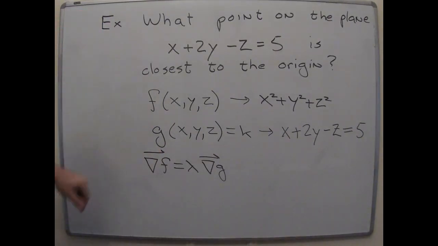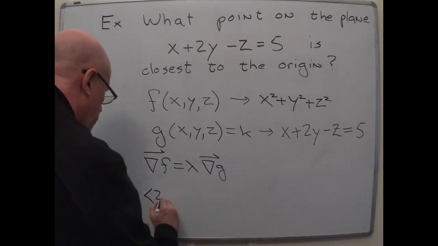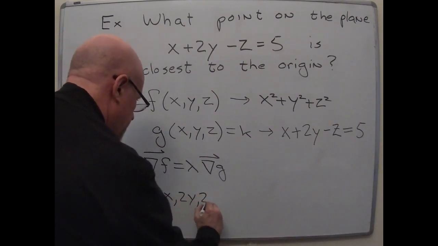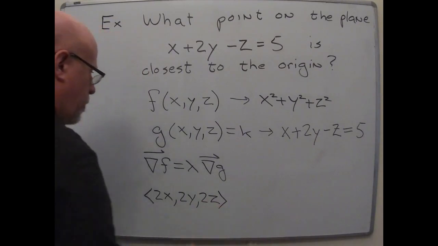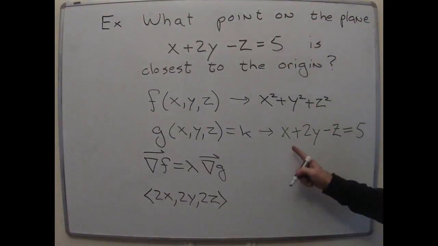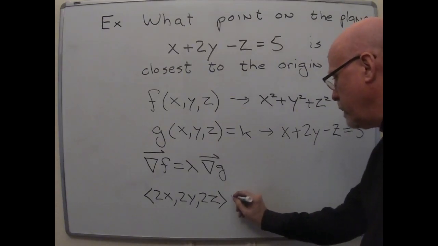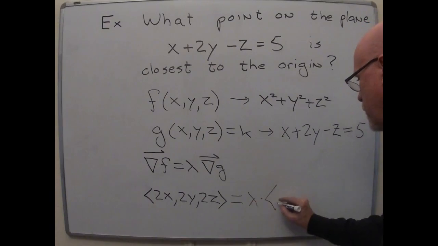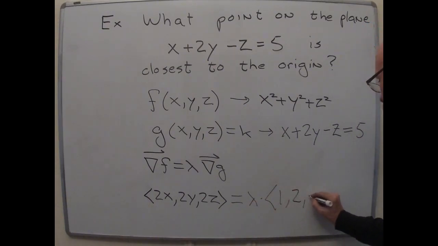Well, grad f isn't so bad. That's 2x, 2y, 2z. And grad g is really easy because this is linear, so the gradient has constants in it: 1, 2, and -1.